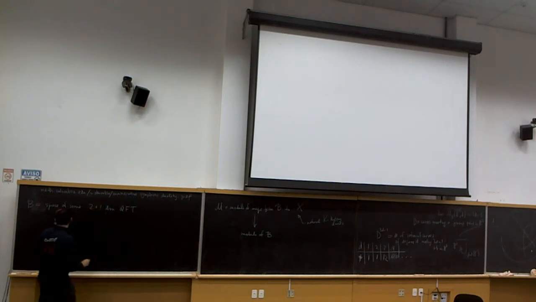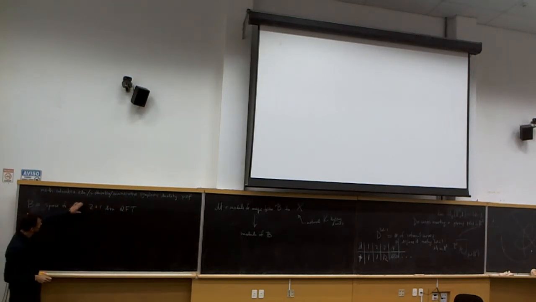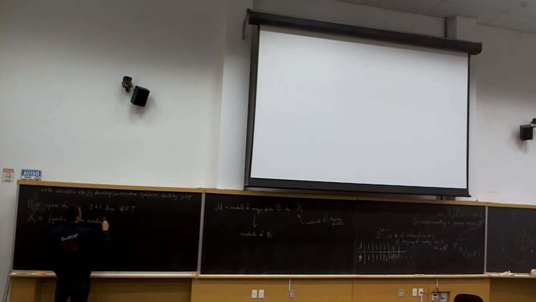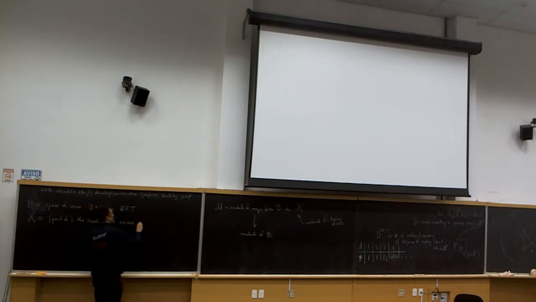So we study something like 3-dimensional theories, but there's one direction which is like time, and two are space. B is something 2-dimensional. X is maybe part of the moduli of vacuum in this quantum field theory.